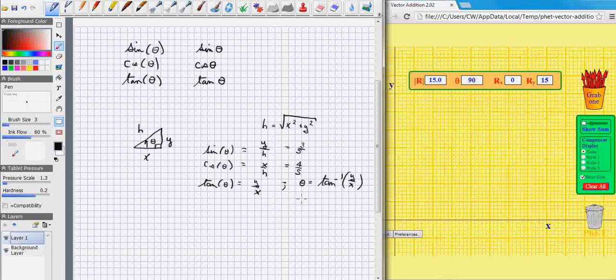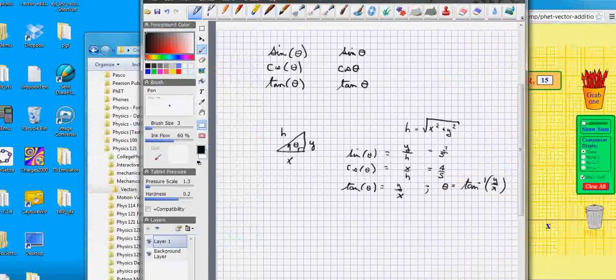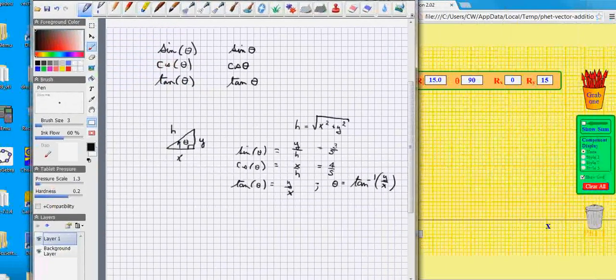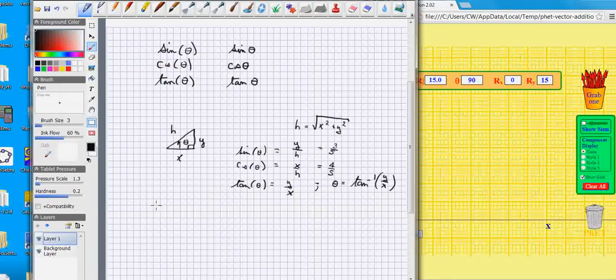If you get your calculator and put it into degree mode, not radian mode, and you type this in, you type in tan minus 1 for this particular triangle of 3 over 4.